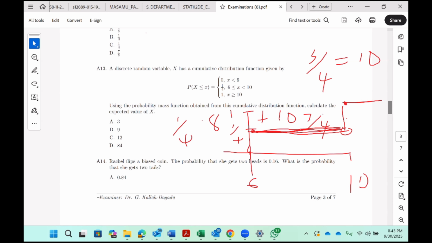What am I getting? So 1 over 4 times 8, approximately, I'm getting what? That is 2, plus 10 times 3 over 4. So this will give me 2, this is 5. So 15 over 2. That's 7.5.